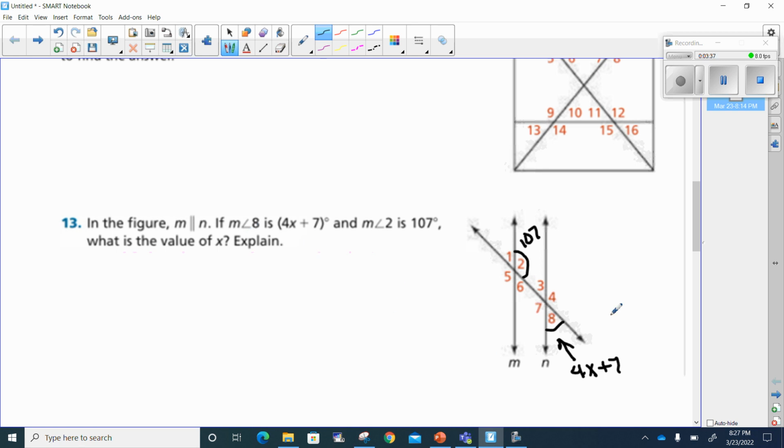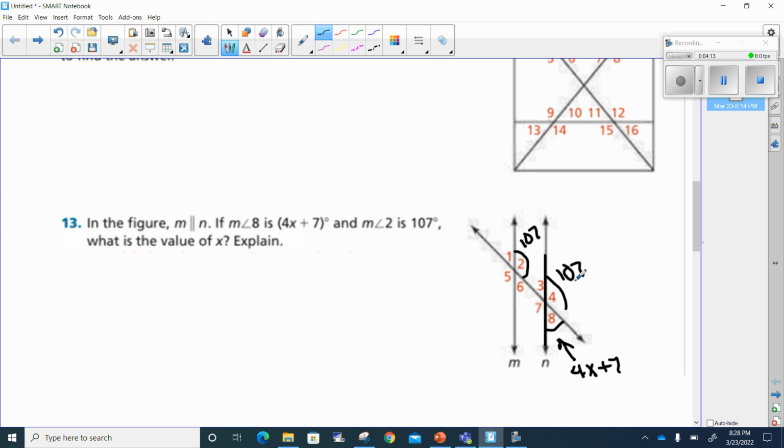And what do we know about these angles? We know that the 8 and 4 are supplementary angles, right? Because they are riding on this line here. Okay, so that means they have to equal 180, right? We also know that 4 and 2 are congruent angles because a transversal crosses two parallel lines, 2 and 7, that means 4 must be 107.